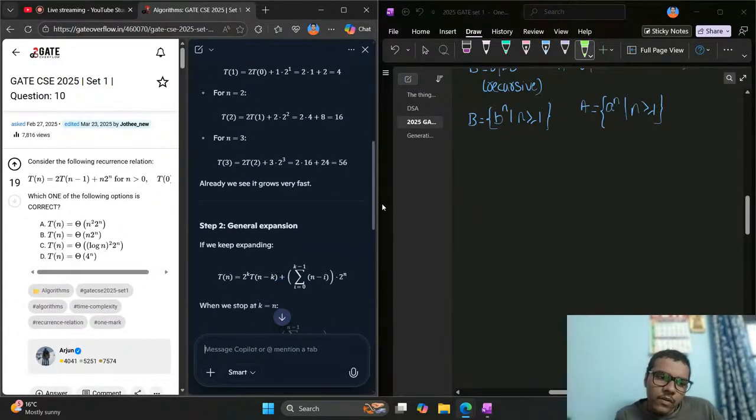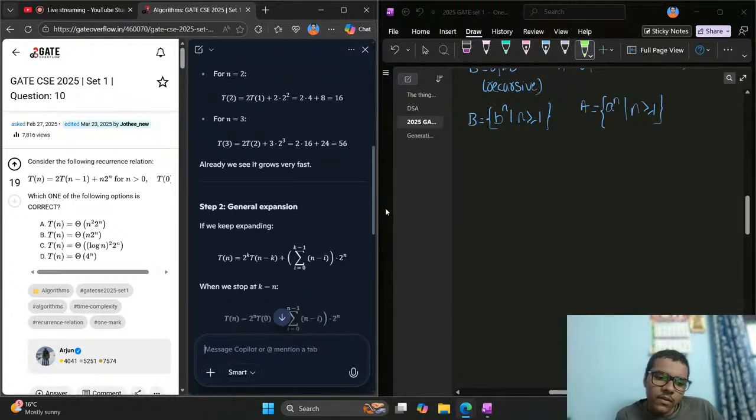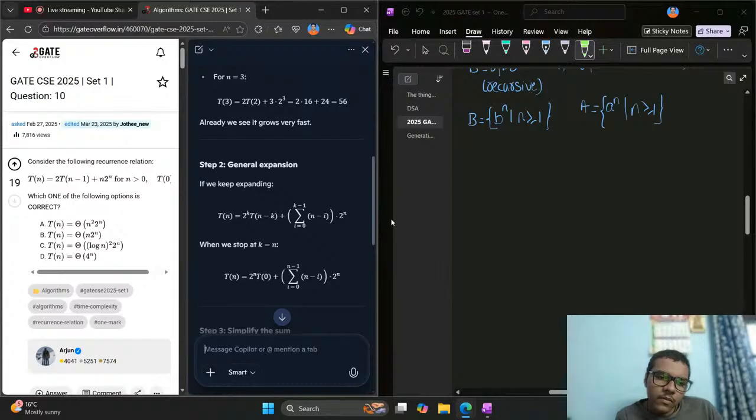General expansion: 2 power k times T of n minus k, plus 2 power k, n minus i, to the power n. When do we stop?